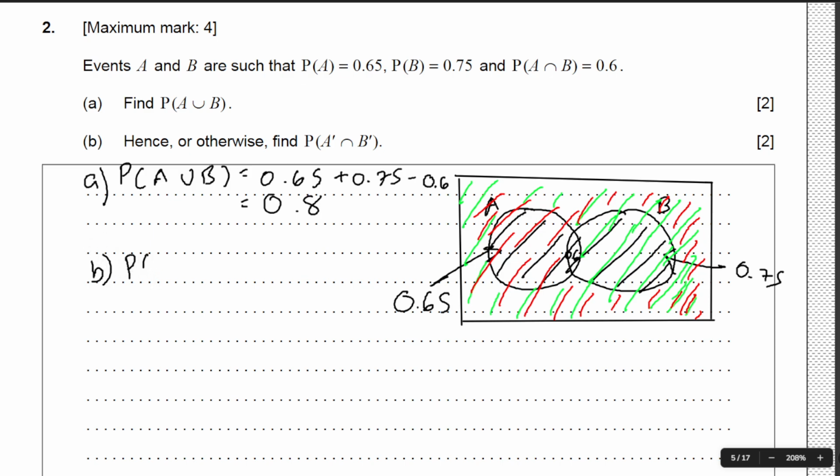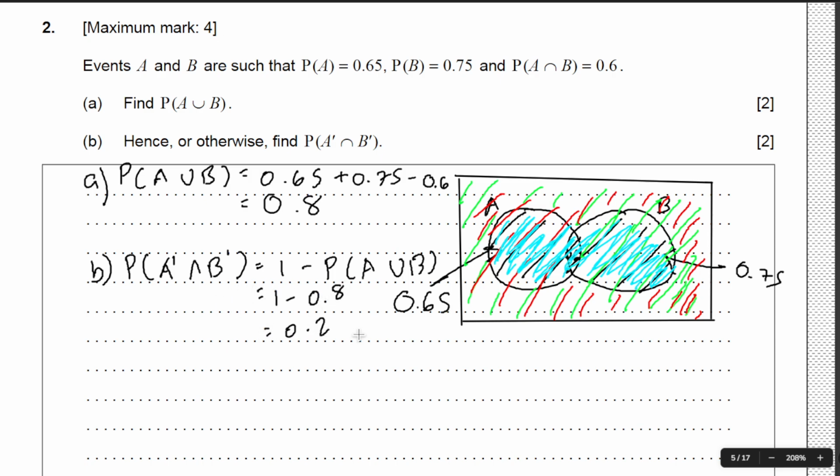So when we're trying to find P of not A intersection not B, it would be 1 minus the probability of A union B, because we're trying to exclude this part right here, as the only things that intersect are the outside parts between the green and red, or the not A and not B. So when we go through with this, it would be 1 minus 0.8, and that would be 0.2.